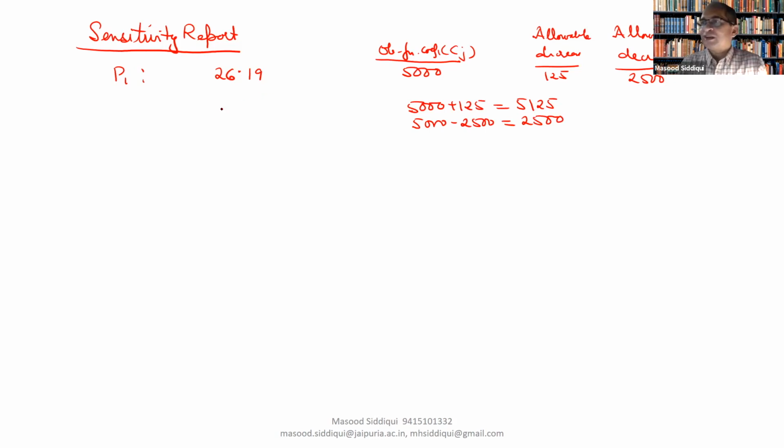So for product 1, this range becomes 2500 to 5125. This range is known as the allowable range or insensitive range.